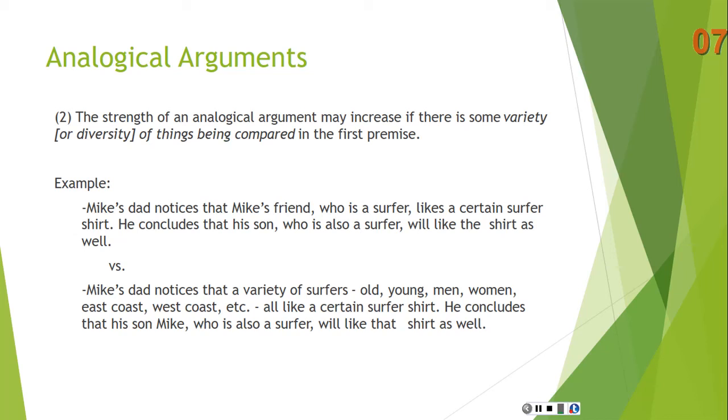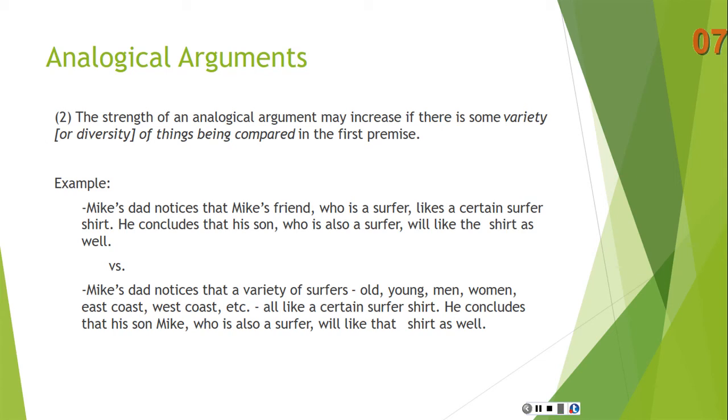So the variety increases the chance that the reason all these surfers like this shirt is because they're surfers, right? So with the first example, yeah, Mike and his friend both happen to be surfers, but maybe Mike's friend likes that surfer shirt because it's blue, and Mike doesn't like the color blue at all.